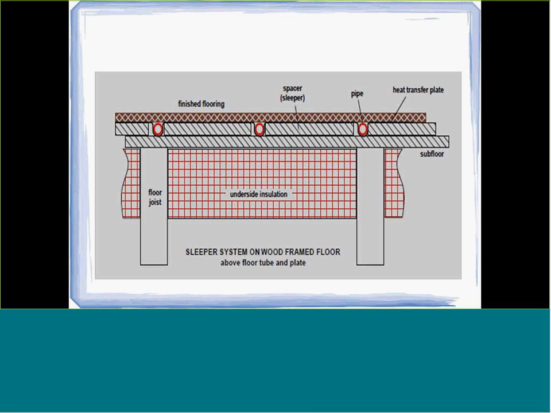So you can use a sleeper system with the aluminum plates, and basically what you do is you take either 5/8 or 3/4 plywood and you rip it to 6 or 8 inch width and leave enough room to put the tubing and the plate between each sleeper, and run that down over the floor, and then you would put a subfloor over top of that and your finished floor on top of that.